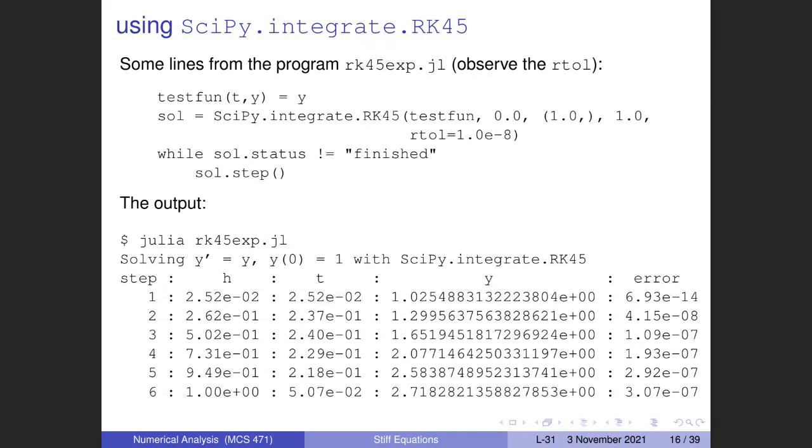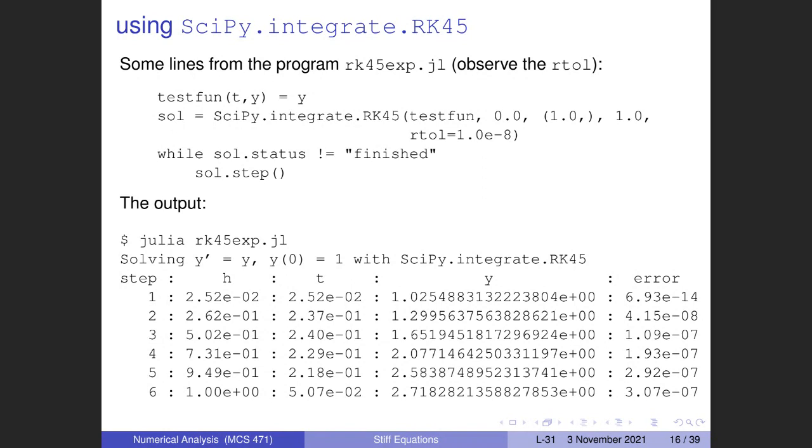Here it is. So we will test this out. The application of the RK45 requires a right-hand side, so it's working on a system of first-order differential equations. So here our test function, the right-hand side is just y. So we define the test function.